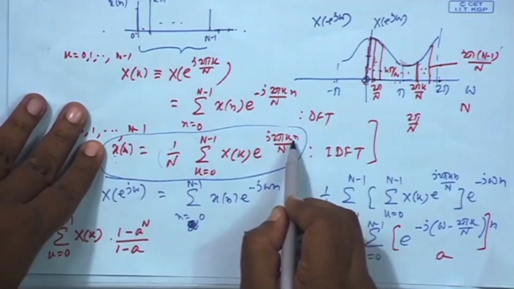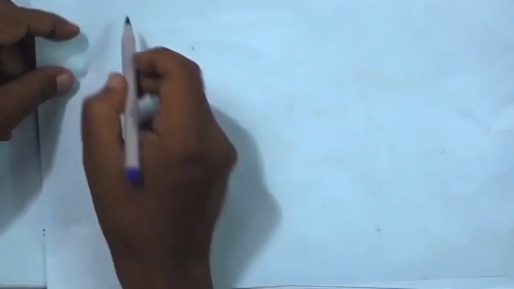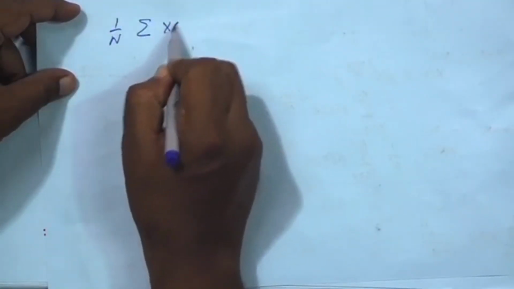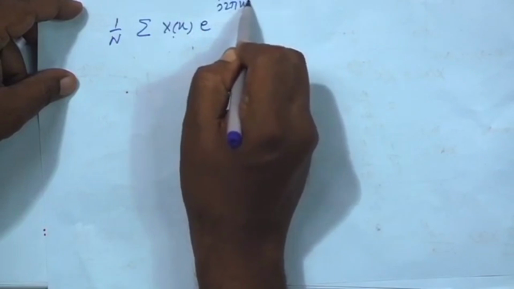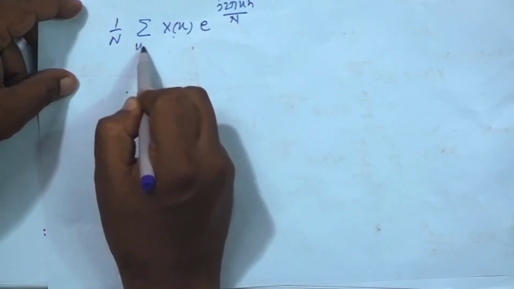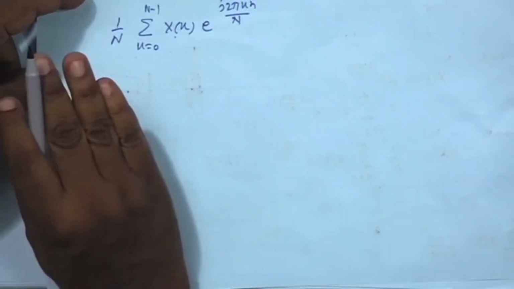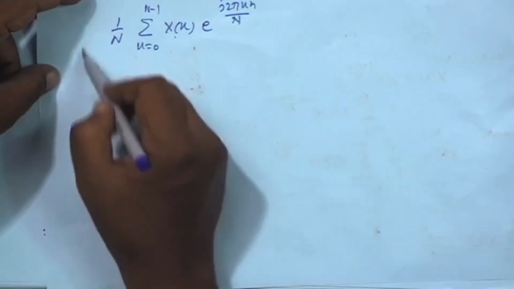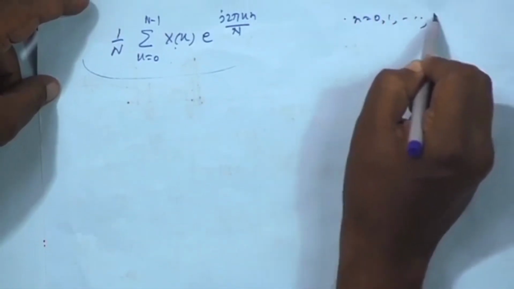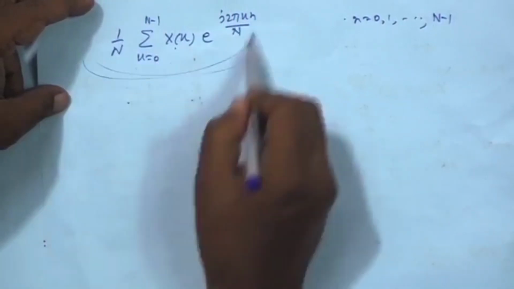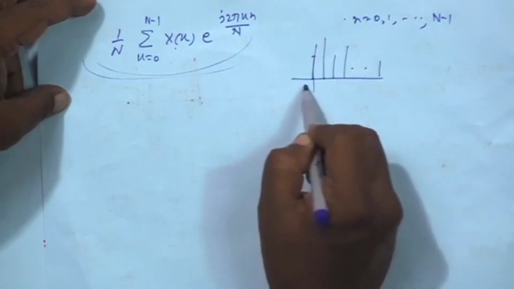Now, suppose I allow this small n to go beyond the range, that is, if I think of this IDFT, inverse DFT formula, so I got these samples from the DTFT, I am putting them here, okay, and I get some sequence. Now, suppose this entire thing is a sequence of duration, originally n from 0, 1, up to N minus 1. Okay, I get some. If you plot this entire thing, it will be a sequence over this duration, 0 to N minus 1.